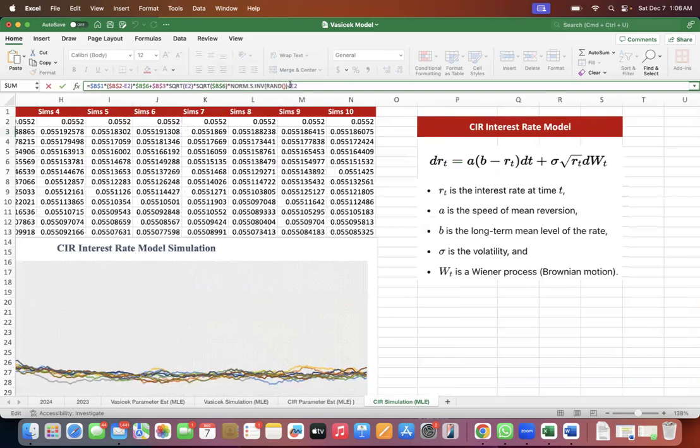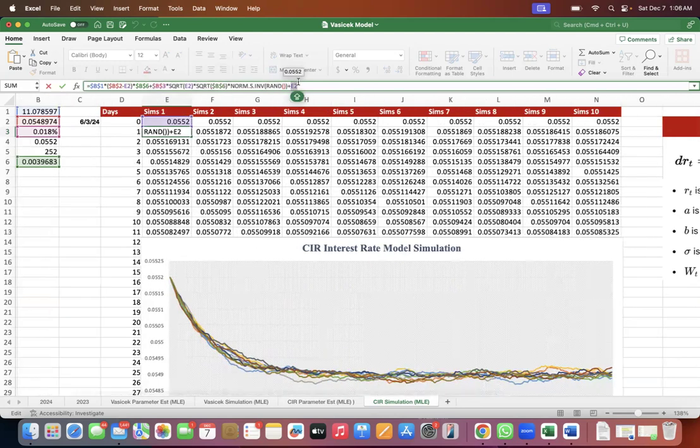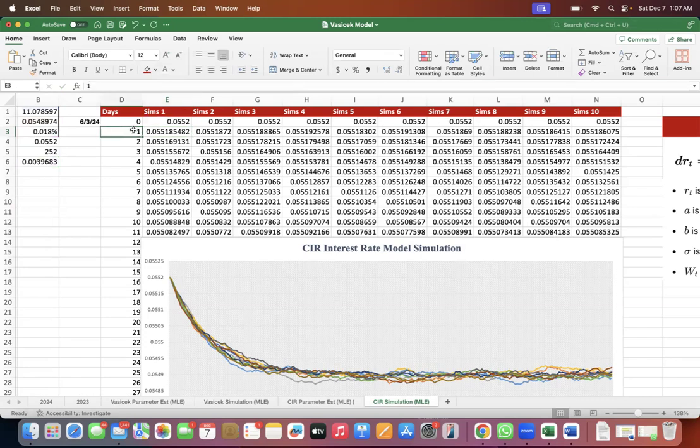So up till here we have modeled dRt, and now I'm just adding the previous day interest rate to the dRt term. I have the previous day interest rate, and I know how much change in the interest rate will happen, and I'm adding both of them to get the next day interest rate, right?